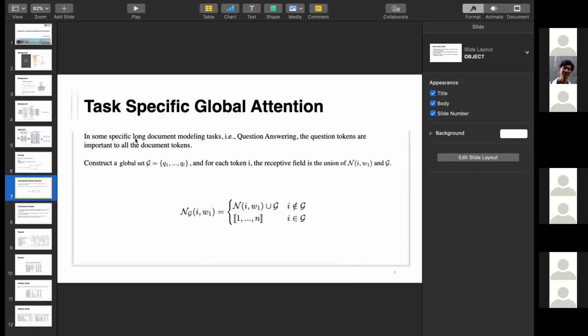For example, when the model is going to tackle the question answering task, the question is usually short compared to the others, and all the tokens in the question are quite important.